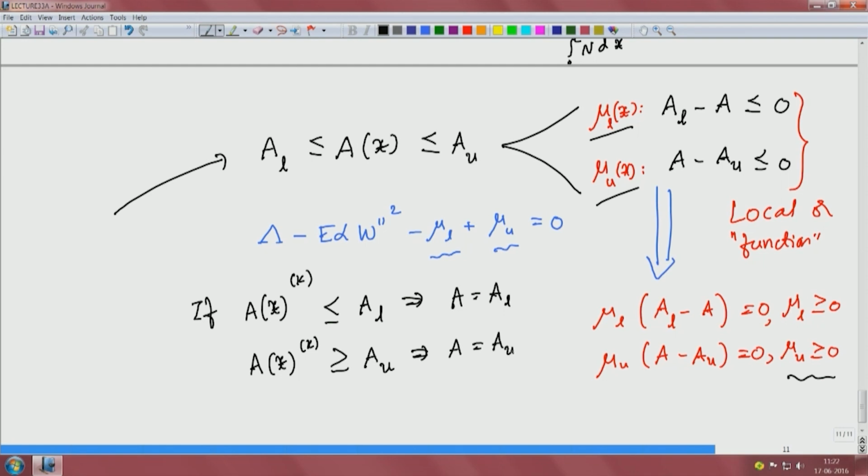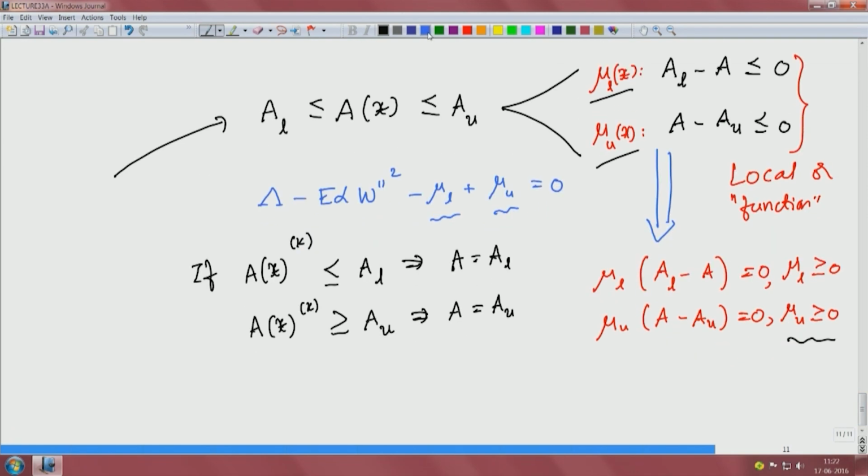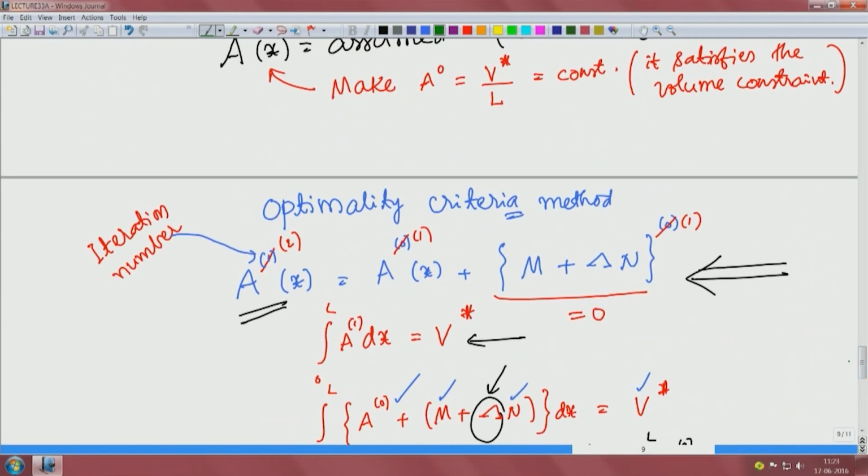Okay. Similarly, if A of x at the kth iteration is greater than A_U, you basically make A at that point A_U. So, if you have the domain 0 to L for different values of x, there could be some domain where it is reaching the lower bound, there could be some where it is reaching the upper bound. Rest of the blue is in between, which is controlled by your expression according to the design equation.